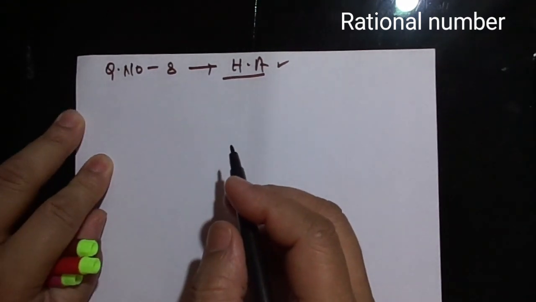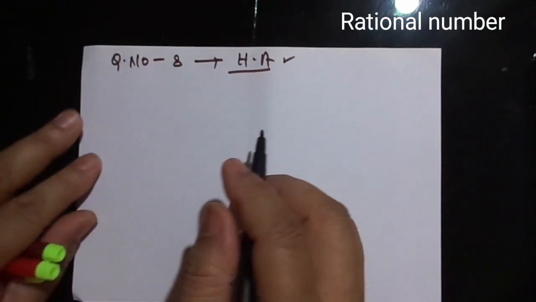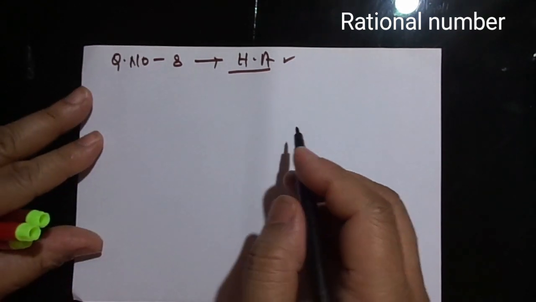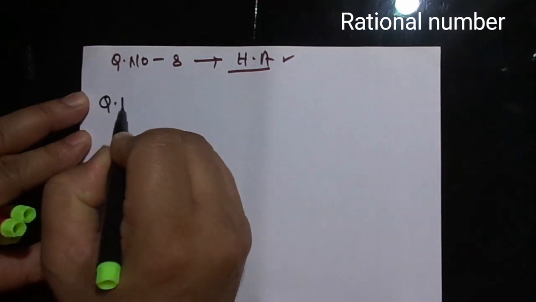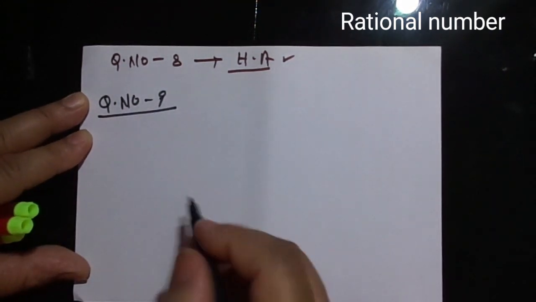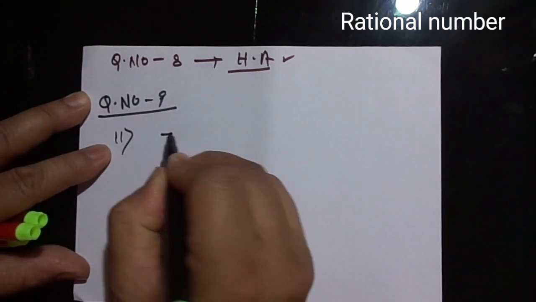Okay. Express each of the following integers as a rational number with denominator 7. I'll do one of the numbers given in question number 9. Number 2 says the number given is minus 8.